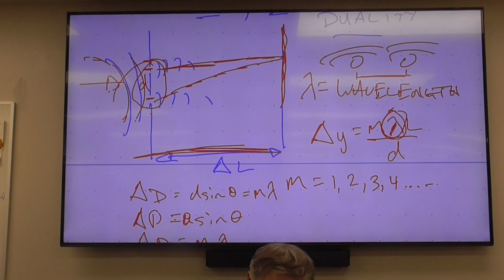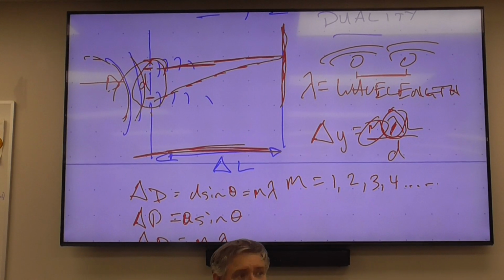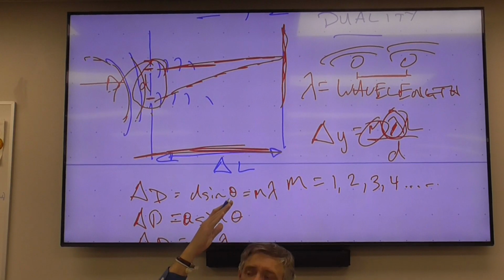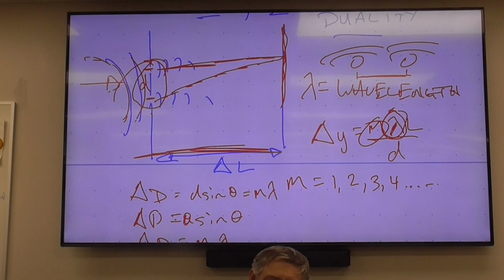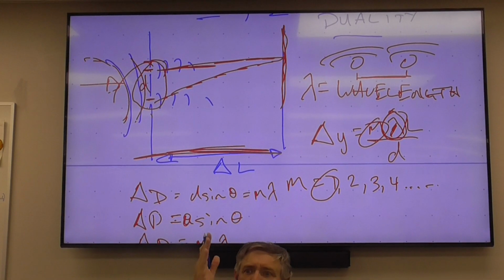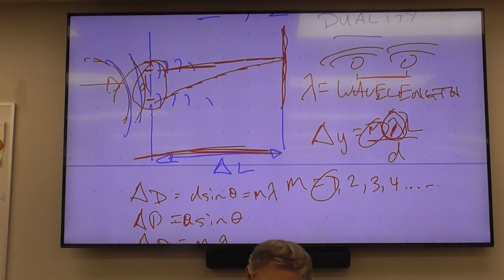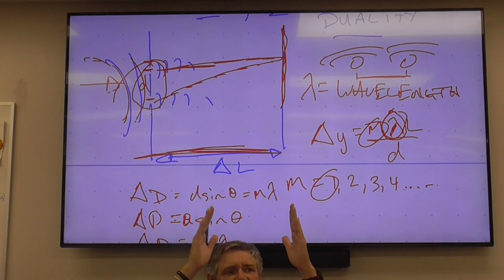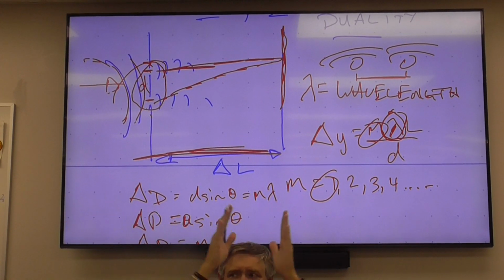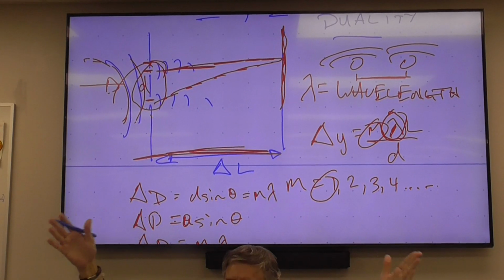Now, M is kind of like the harmonics. Unless you're specifically told differently, you just let M equal 1. M equal 1, 2, 3, 4, basically that tells you how far off of the central maximum you're looking at.